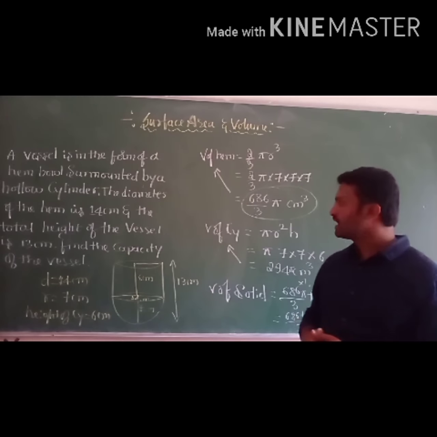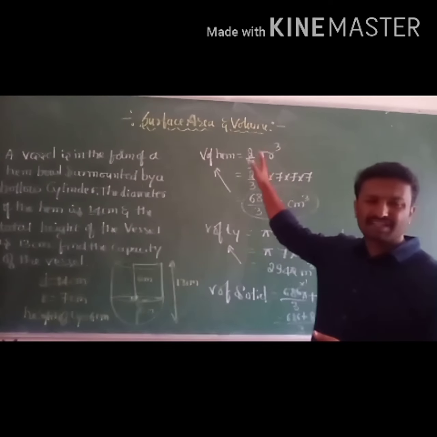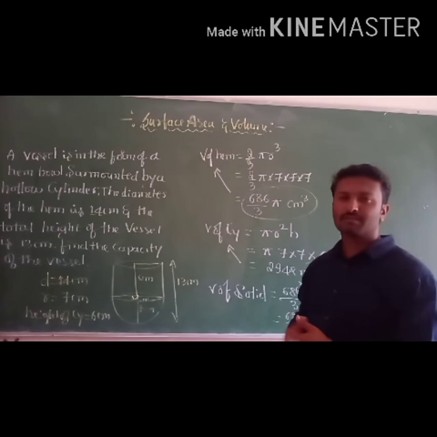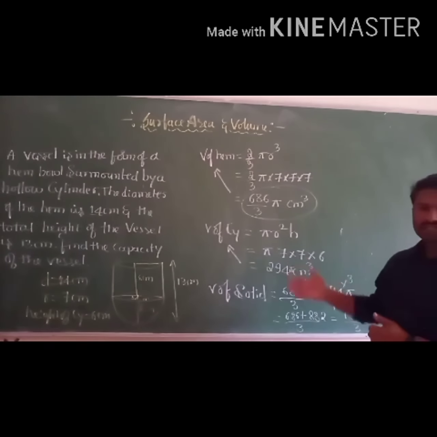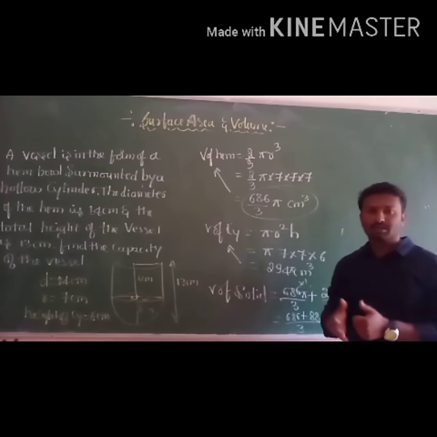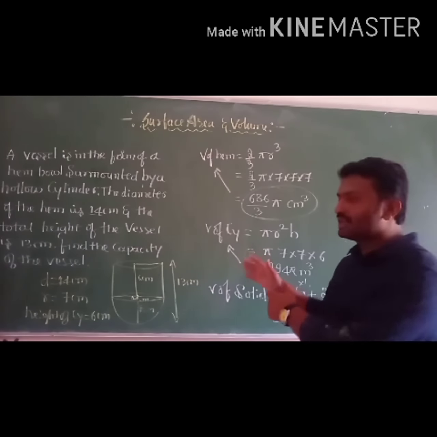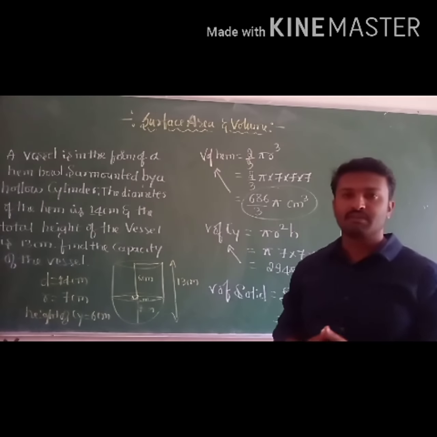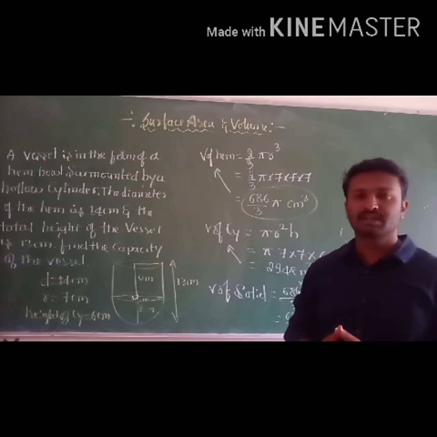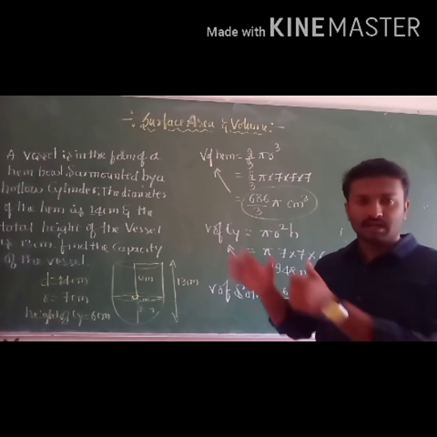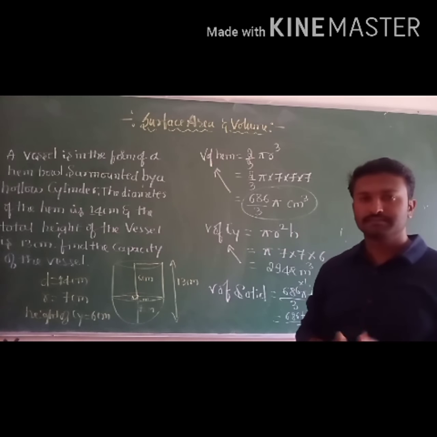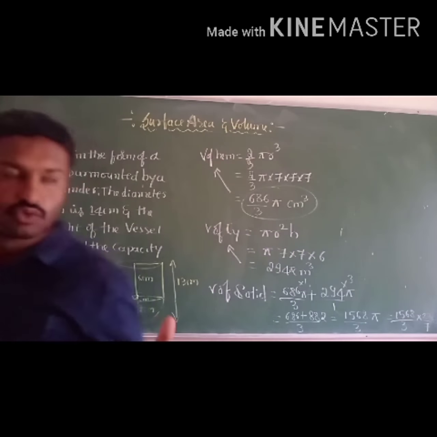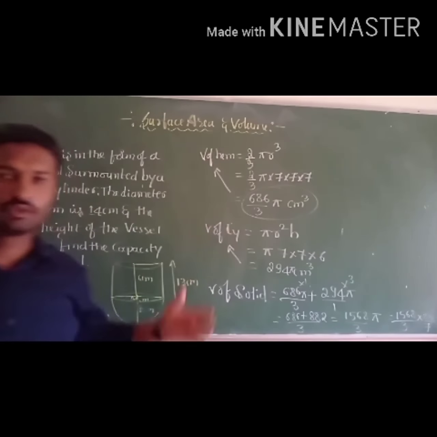Remember both formulas. Then it is just substitution and calculation. If you are good in calculation, it is a very simple problem; if you are not good in multiplication and division, it becomes difficult. Just go through the problem and note it down.